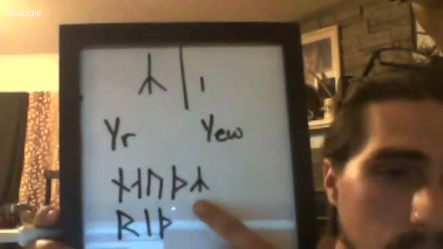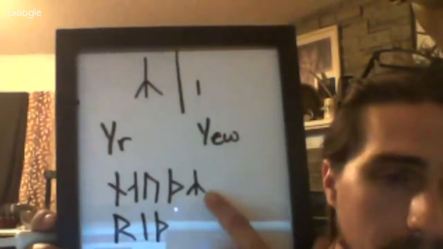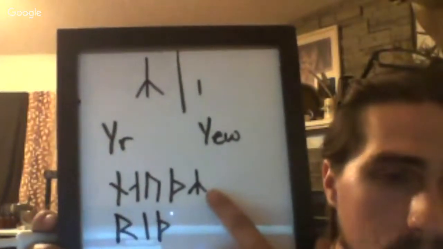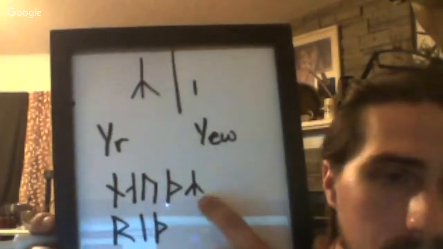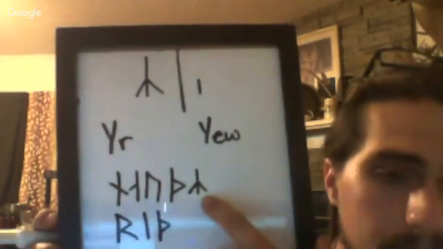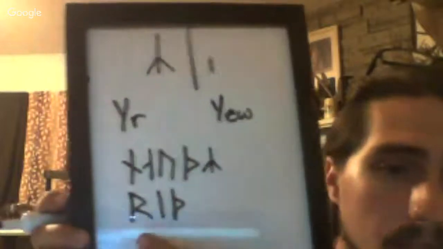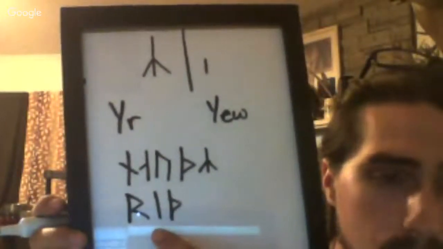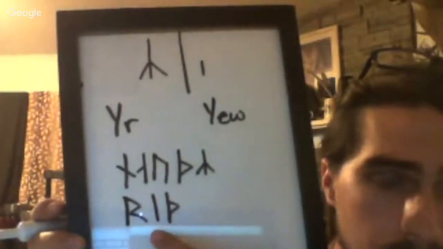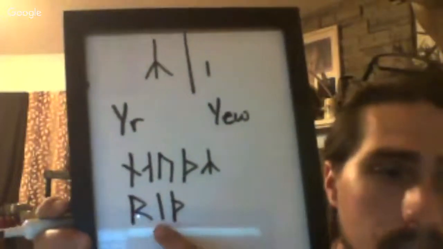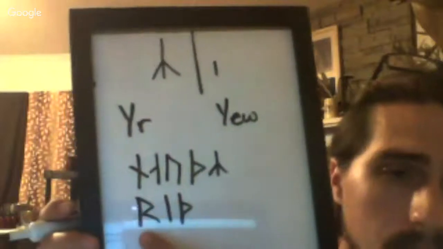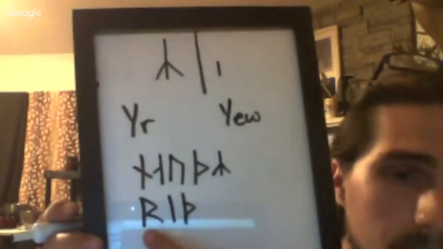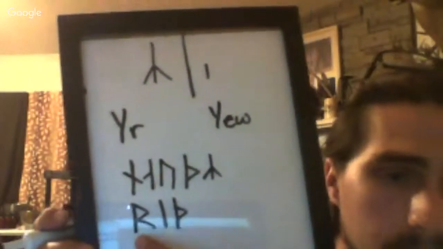So you notice there's no R in the English version, and that R that's on the end gets this year rune. Now, Brave, which was the other R rune, is cognate to the English word ride. The R is there, so it gets that form of the R.